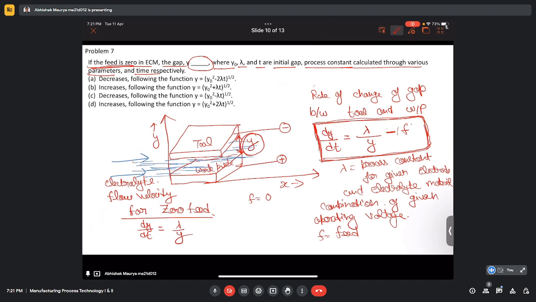And if we integrate it, then what will we get? We will get y square is equal to y0 square plus 2 lambda t.